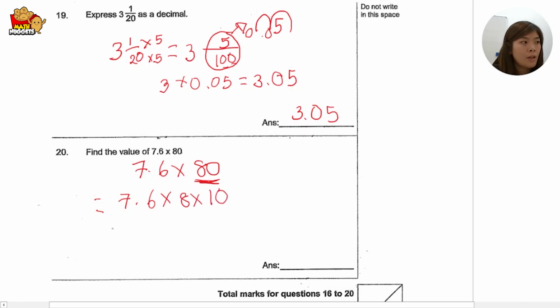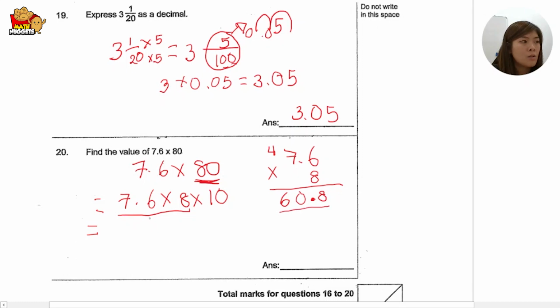First we solve 7.6 times 8. 6 times 8 is 48, then here 60, and remember to put the decimal, so 60.8.